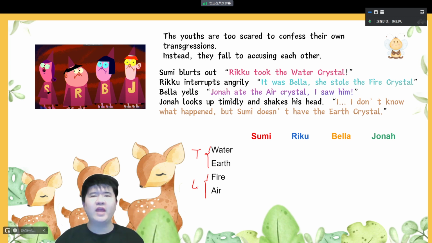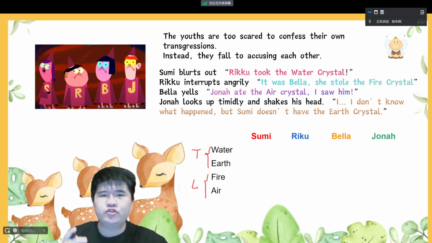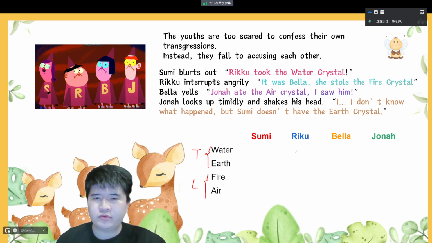We can start from anyone's statement, but usually we start with the first one, and we let the first statement be true. We check whether it meets all the requirements and whether there are any mistakes in the logical cycle. So now Sumi said, "Riku took the water crystal," so Riku is water here.